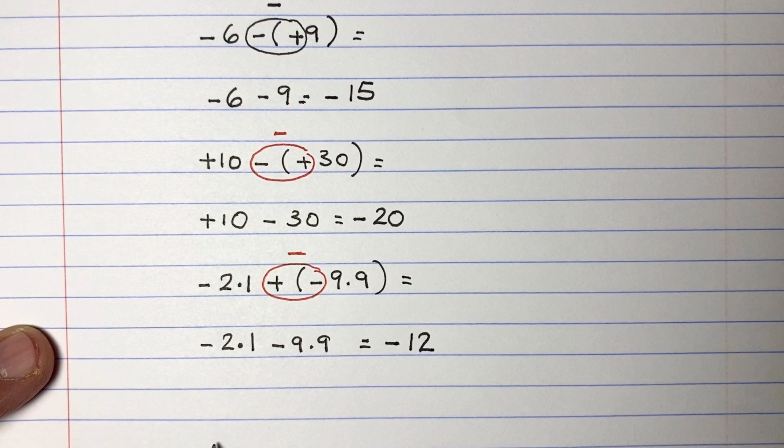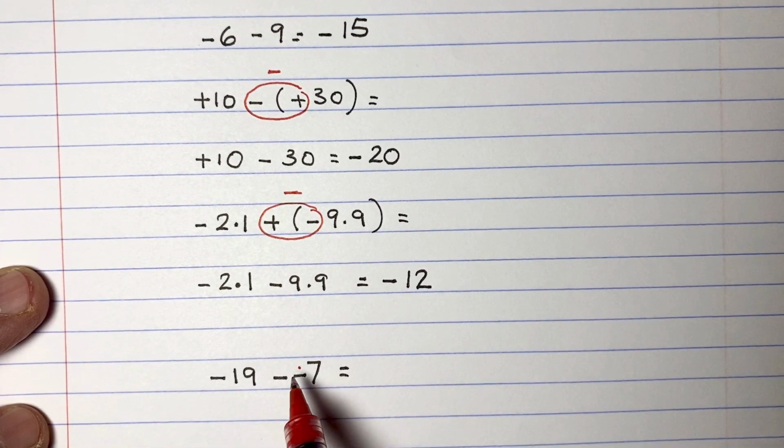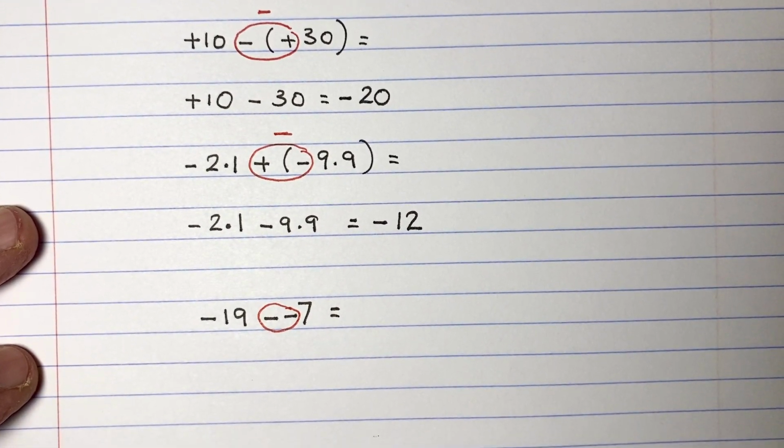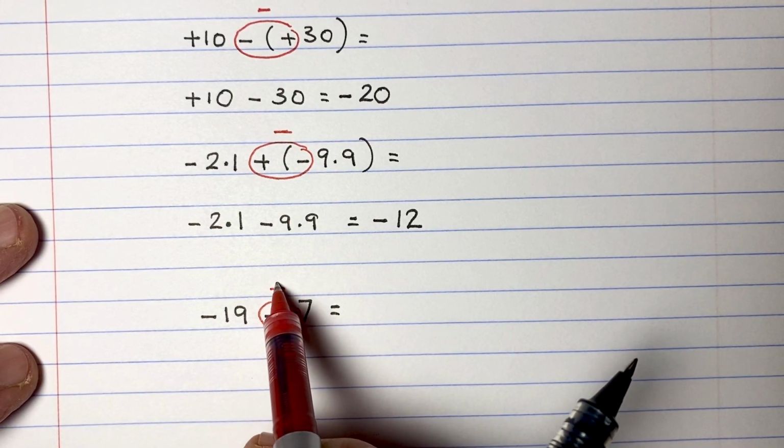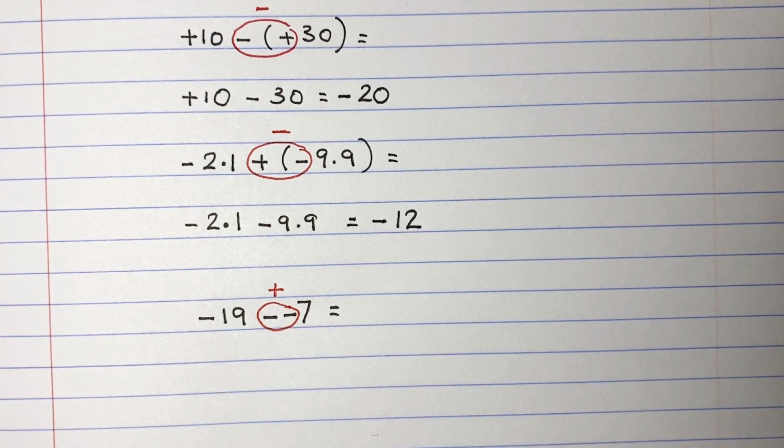Let's do a slightly different style. Negative 19, negative, negative 7. This time the bracket is missing there, so it makes no difference. So here again I'm going to circle my double signs, reduce negative times negative to positive.